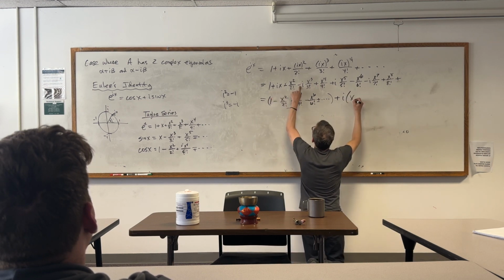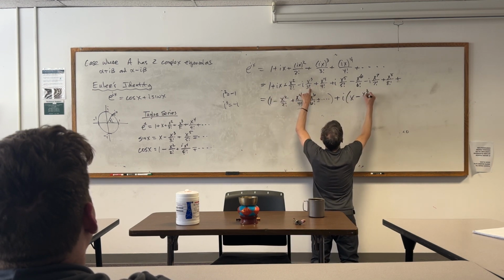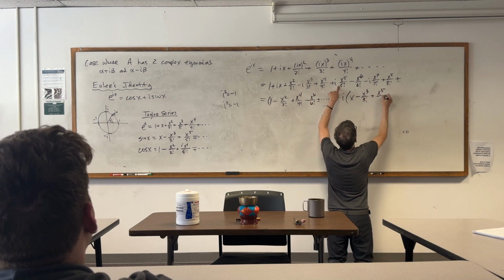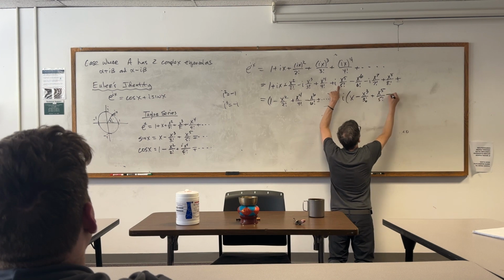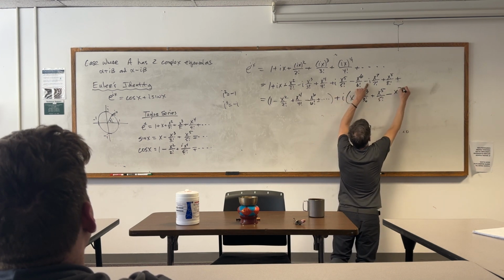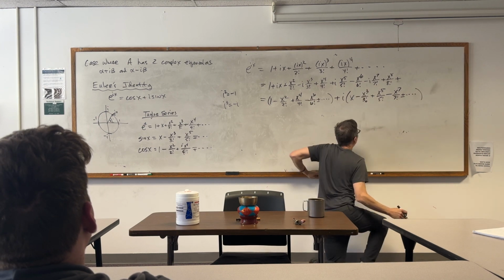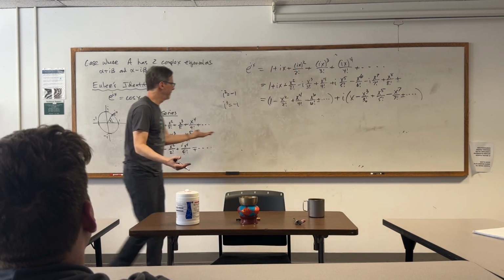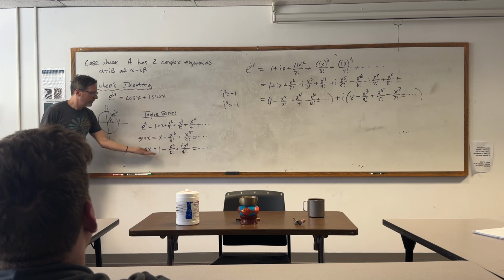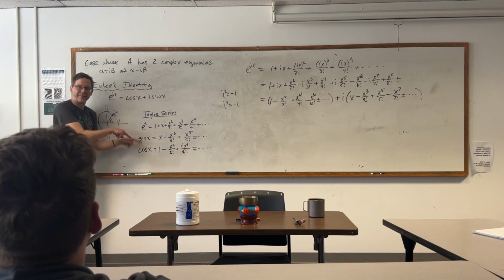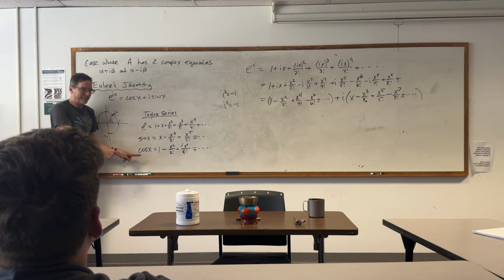It's x minus x cubed over 3 factorial plus x to the 5th over 5 factorial minus x to the 7th over 7 factorial, blah, blah, blah. Now we have another true plus minus, and see? Cos.